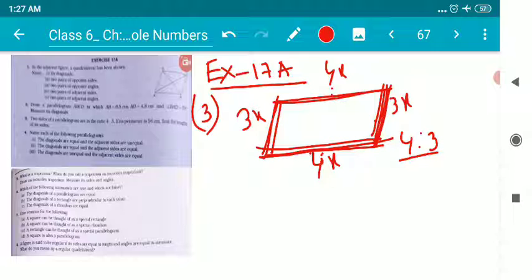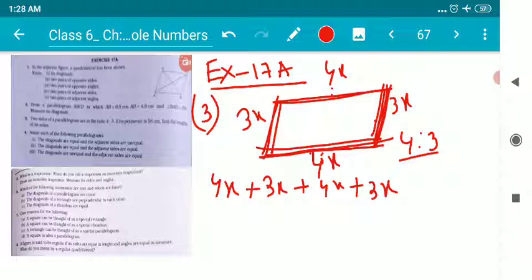So naturally, we can say the sum of all the sides is 4x plus 3x plus 4x plus 3x. This is the perimeter, and the measure of the perimeter is given in the book, that is 56 centimeter. So 4x plus 3x plus 4x plus 3x is equal to 56.